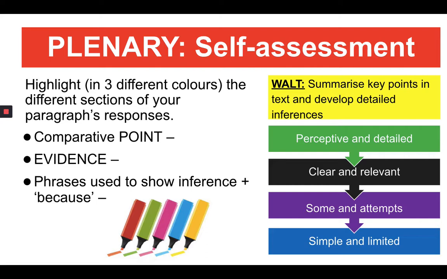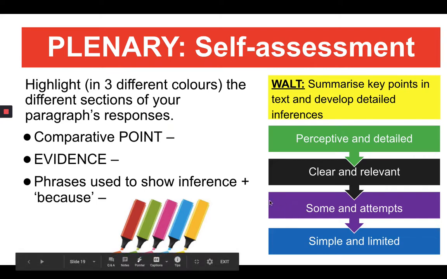So highlight your comparative point, highlight your evidence, and then highlight the bits that show your inferences and because as well, and see, do you have lots of inference? Or is it kind of just a point and some evidence, maybe a bit of an inference?